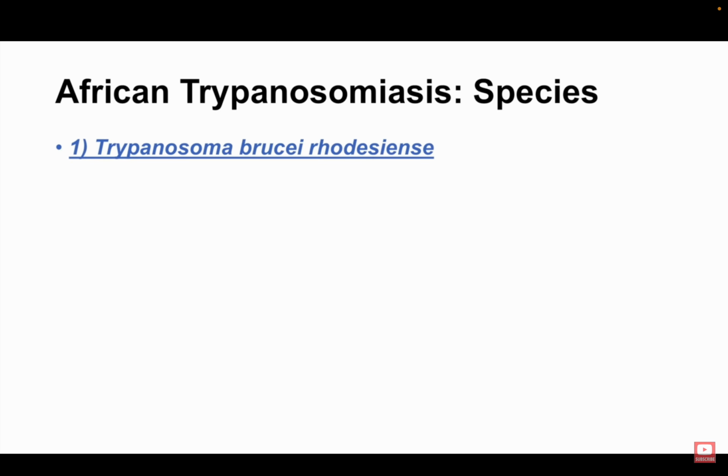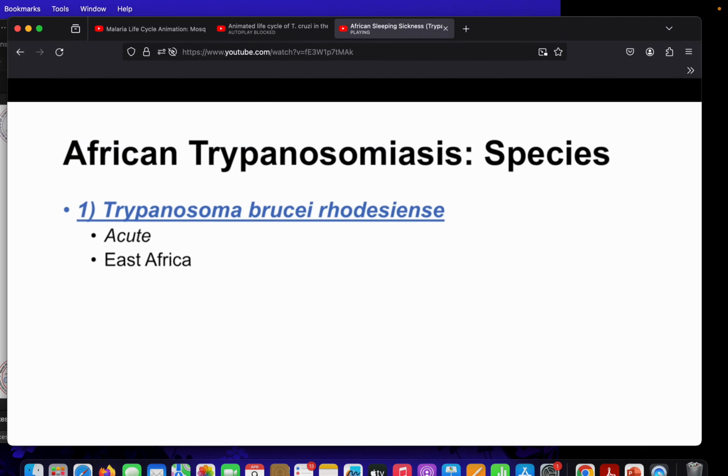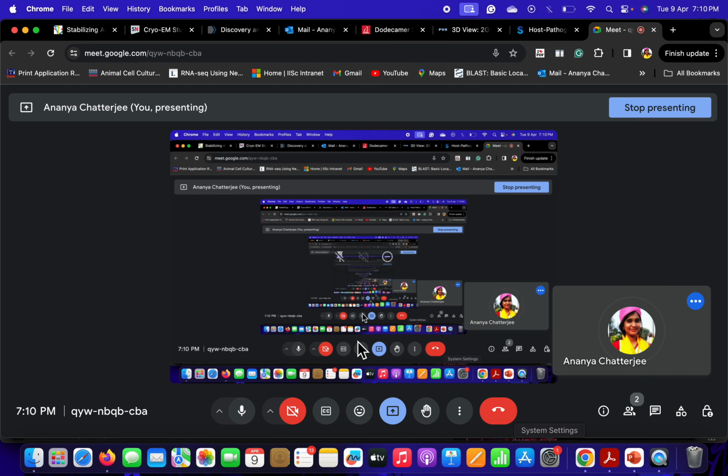Well, one of the species that causes African trypanosomiasis is Trypanosoma brucei rhodesiense. Trypanosoma brucei rhodesiense causes an acute illness, and it is more located in East Africa, so in the eastern sub-Saharan African region.